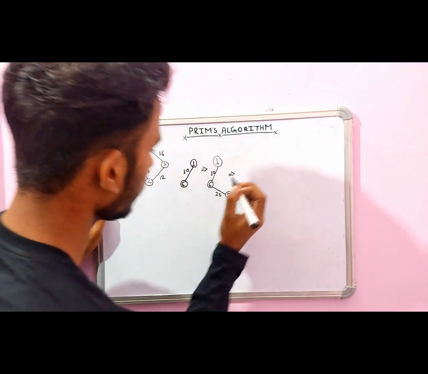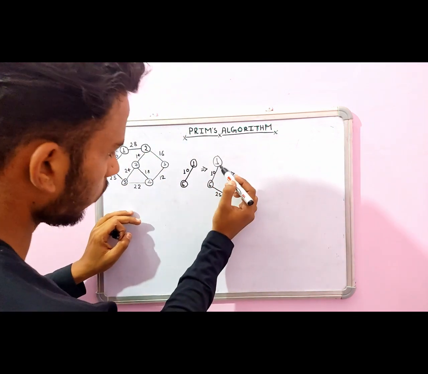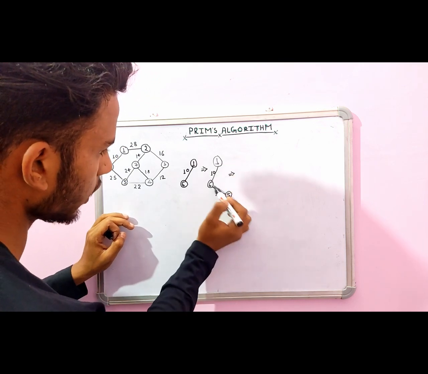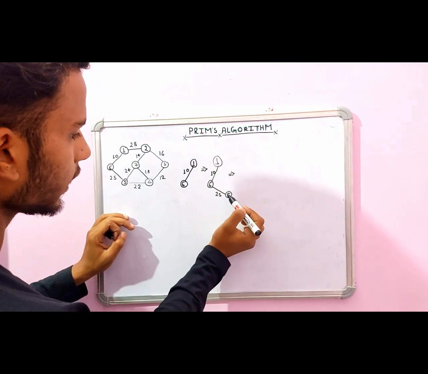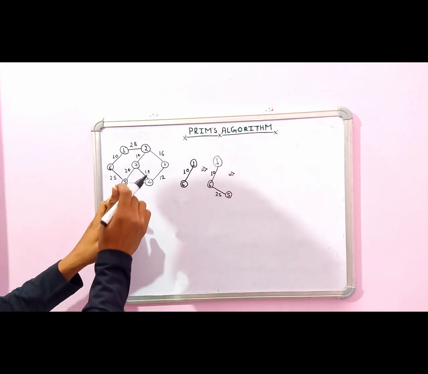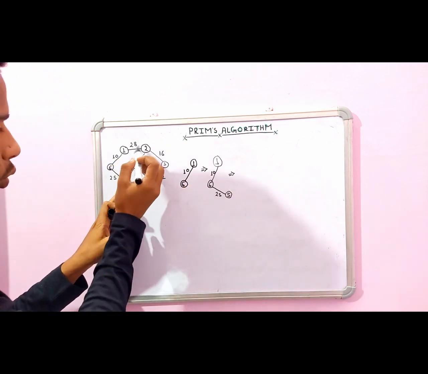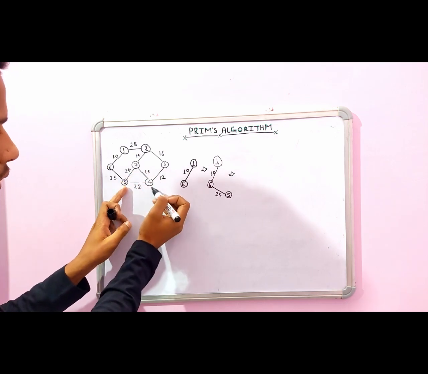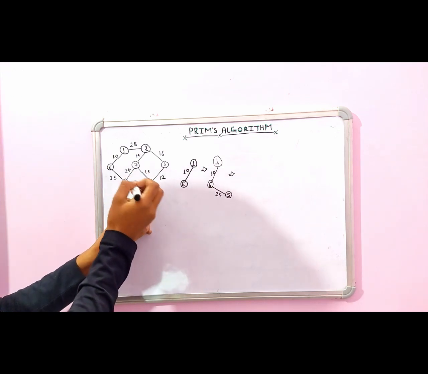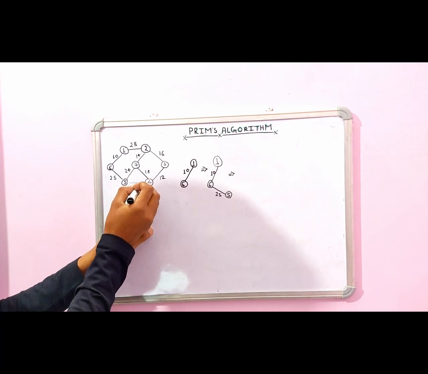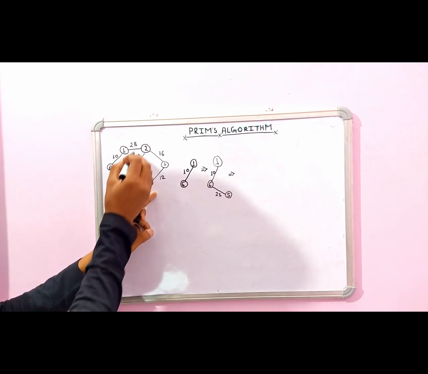Okay, moving further. Now from this edge we have to select the adjacent edge which has the minimum weight. There are three adjacent edges now: 1 to 2, 5 to 7 and 5 to 4. So which edge has the minimum weight? Edge 5 to 4 has the minimum weight among these three edges.